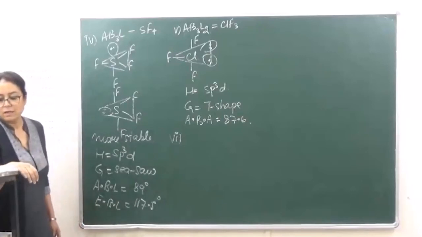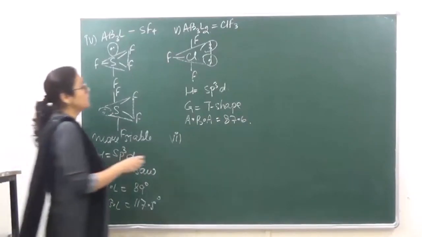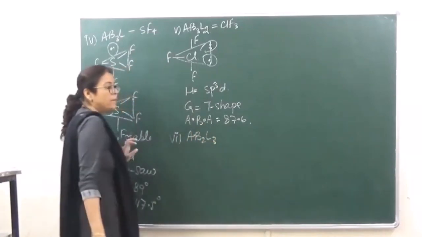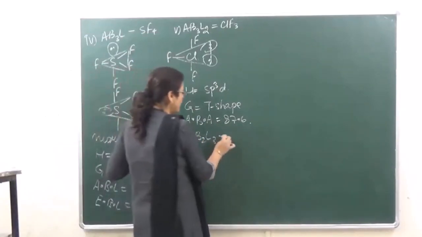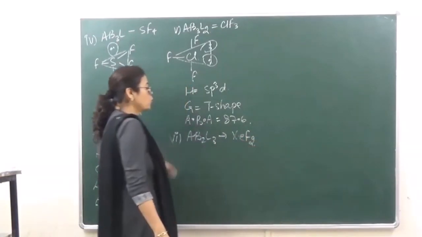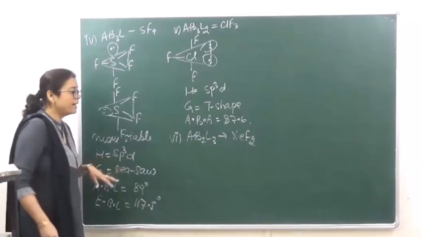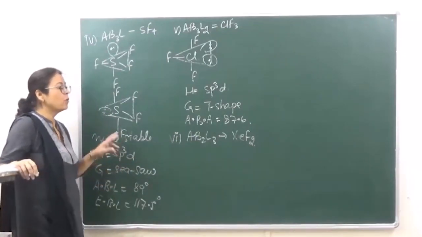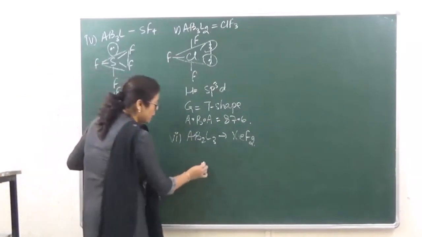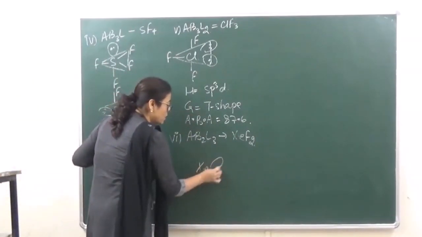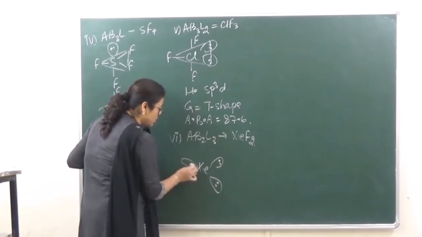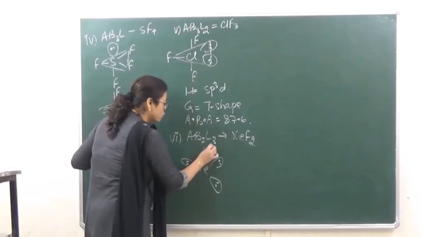Then the next one which we are going to do, the sixth one, is AB2L3. An example we are going to take is XeF2. There are two bond pairs and there are going to be three lone pairs. So when we see its shape, all the lone pairs are directed at this position.